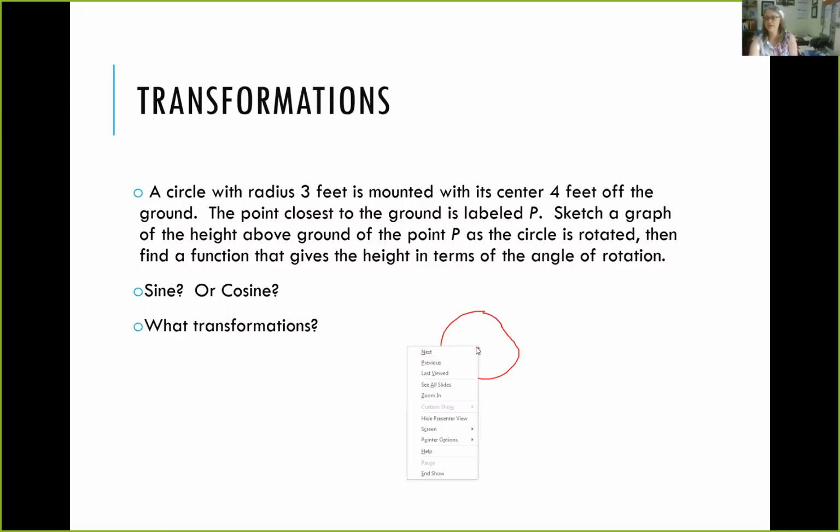Pretend. Okay, so this thing is centered at the point (0, 4), right? We're talking about this point right here. The radius is 3, so this will be at (0, 1), right?